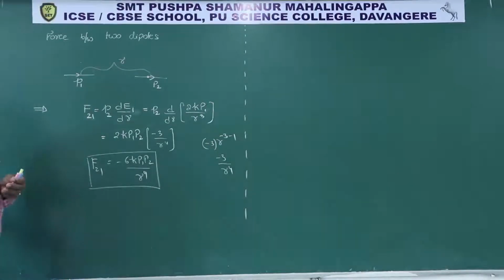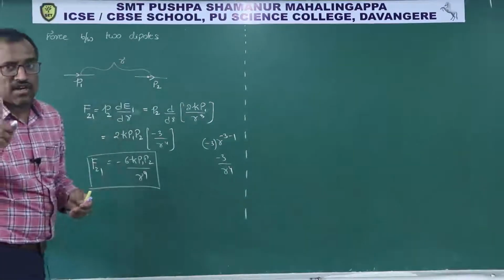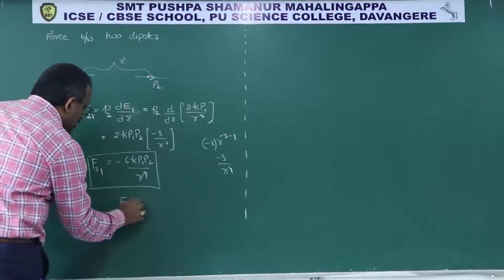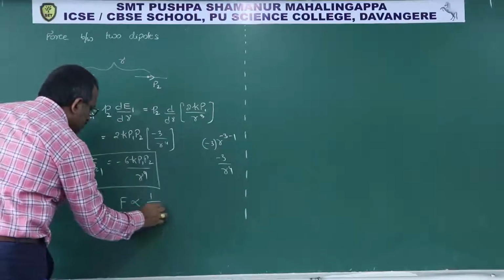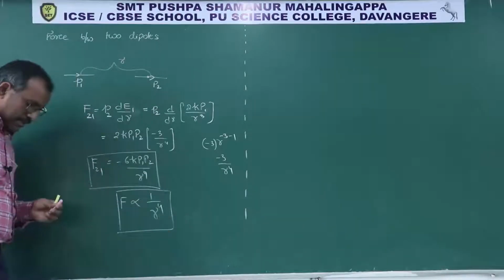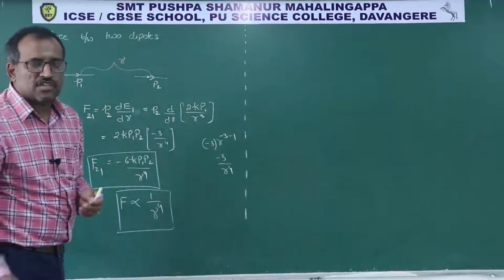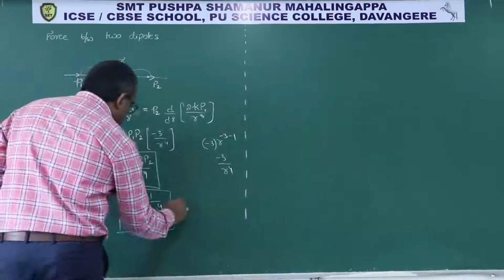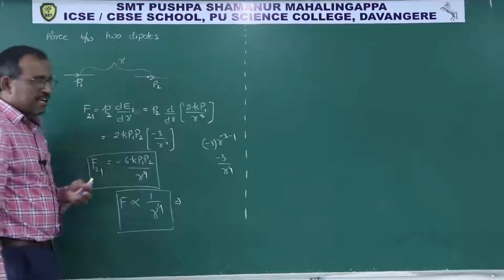My intention is to tell you, till now not asked this question, force acting between two dipoles is inversely proportional to fourth power. What does it mean? So listen carefully.